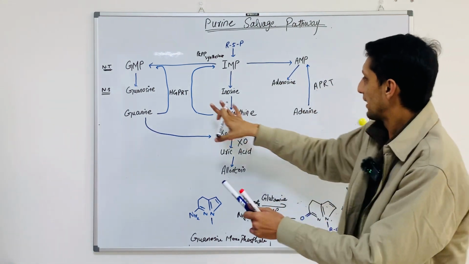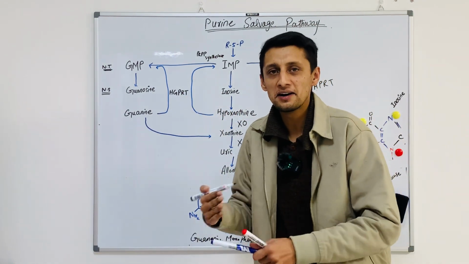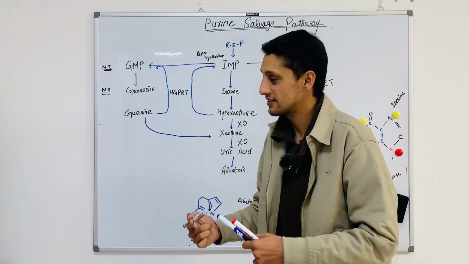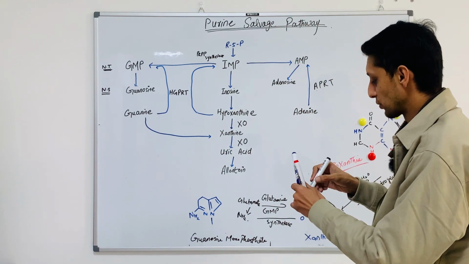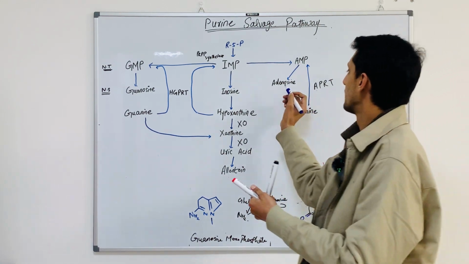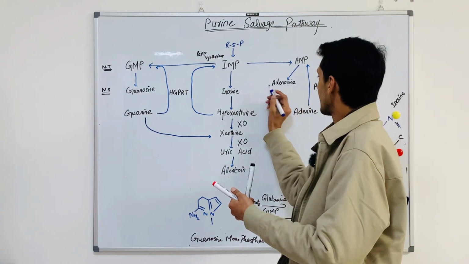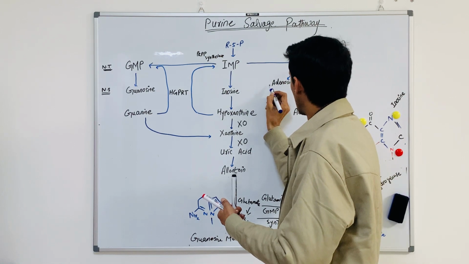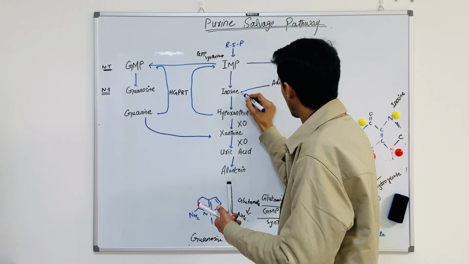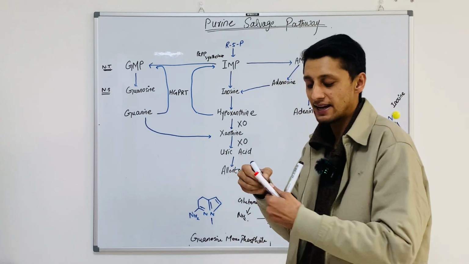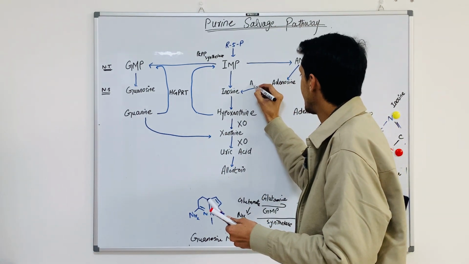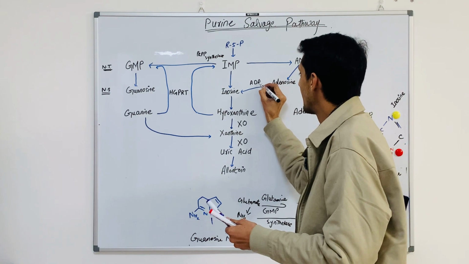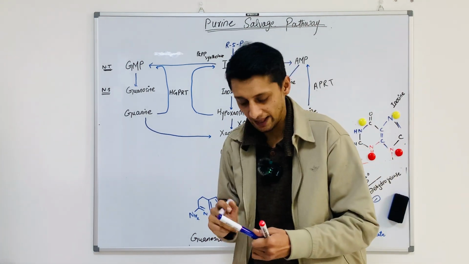Now, these enzymes are very important. There are certain disorders associated with these enzymes, and we will go through them very soon. Now adenosine can also be converted into inosine by one very important enzyme, that is adenosine deaminase.